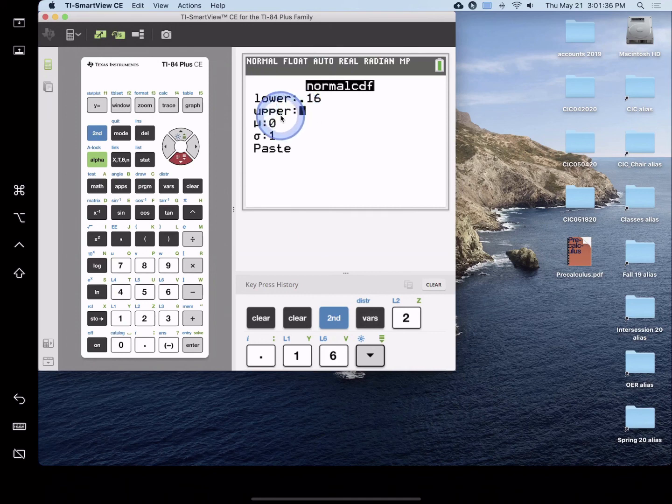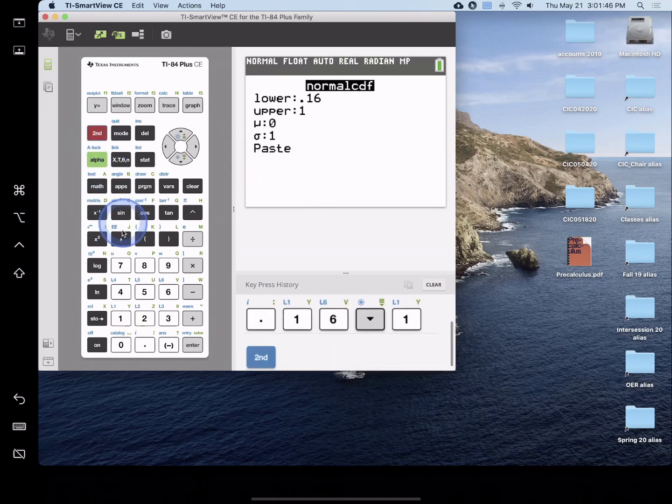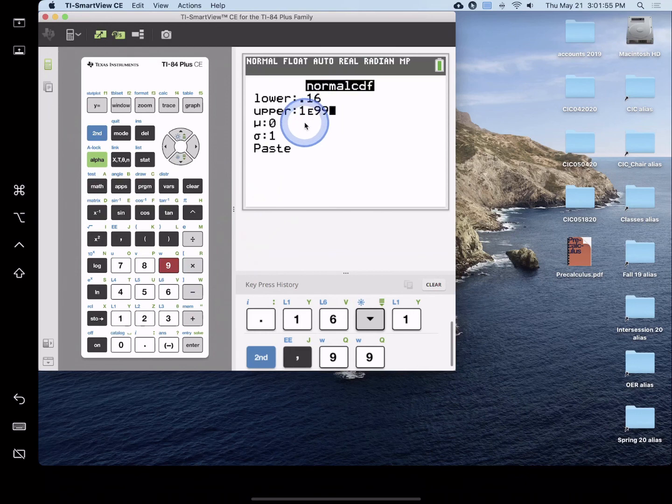So we're just going to put the largest number your calculator has, and that's going to be 1E, this E here that you see above the comma. So hit blue, second comma gives you the E, and then 99. So the largest number that we can put in the calculator is 1E99.